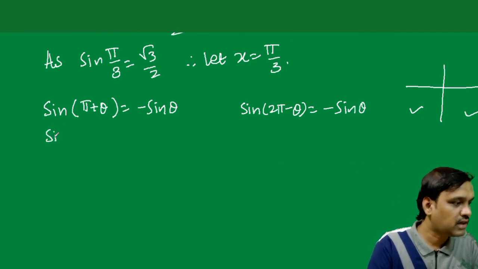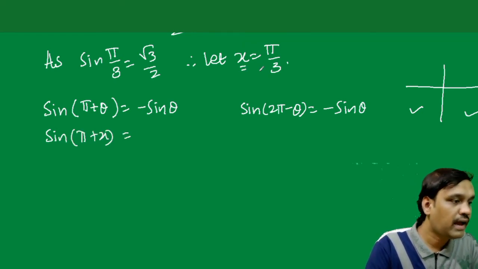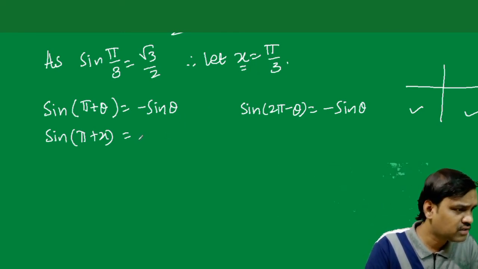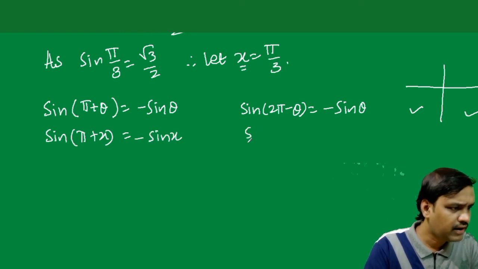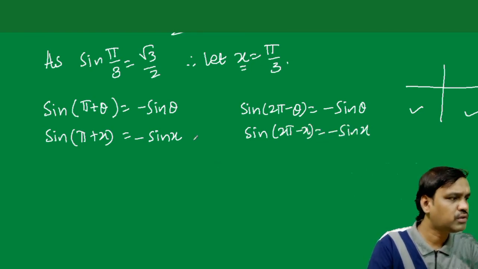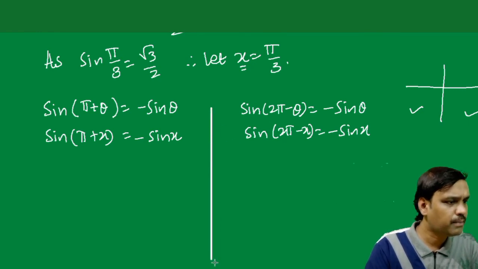So we can write sine of pi plus x. We are calling that particular angle x because we cannot call it theta, because theta is the solution here. So you can write minus sine x. And sine of 2 pi minus x is equal to minus sine x. So now just substitute the value of x as pi by 3.